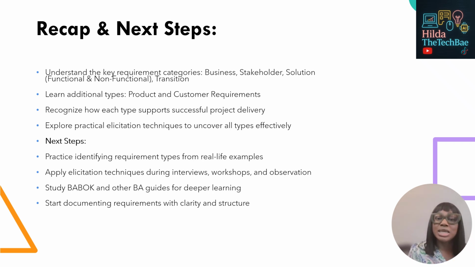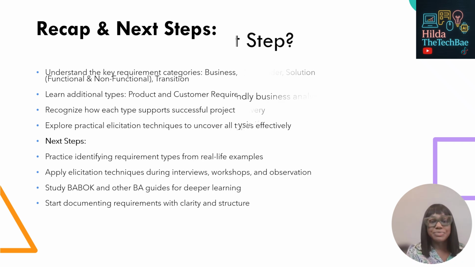Then we looked at tips for eliciting these requirements using interviews, reviewing existing systems, and running workshops, just to name a few. So as a next step, try applying these techniques in your daily work. Look at your current project and try to identify the requirement types. And if you're new, use the business analysis body of knowledge or similar resources to help deepen your knowledge and understanding about business analysis.